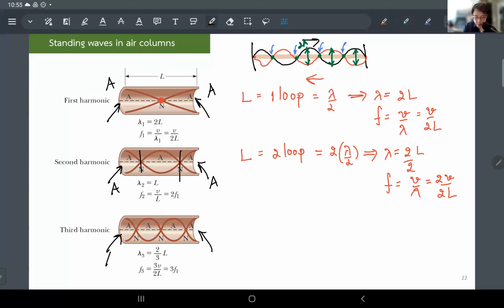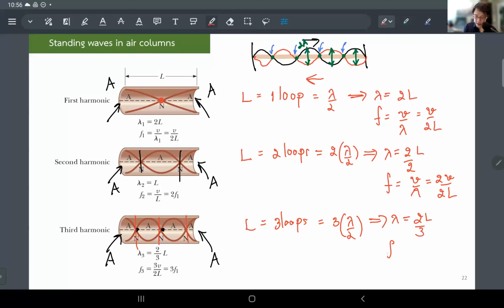All right, I'm still starting with the antinode, ending with the antinode, but with just one more twist. So what you have here is the length of the tube is now going to be 1, 2, and 3 loops. So when you have that, then it's just 3 times half of the wavelength. So the wavelength is now 2L over 3.